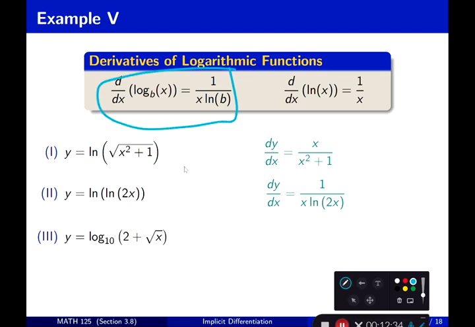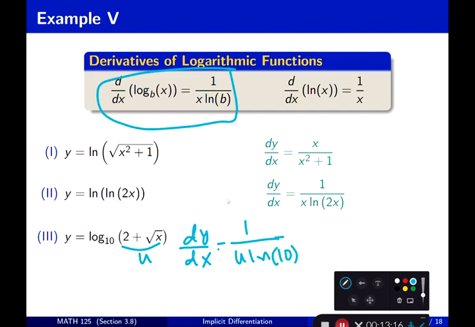If u is 2 plus square root of x, dy/dx is the derivative of log base 10 of u times u prime, du/dx. And so the derivative of log base 10 of u is going to be 1 over u times natural log of 10.